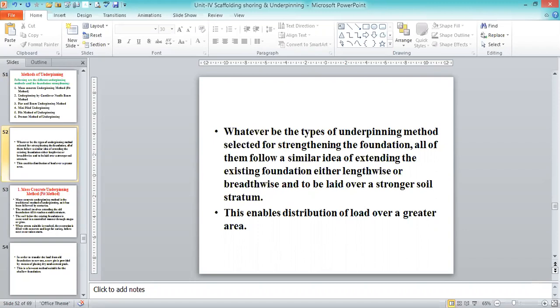Whatever method we apply, we extend the existing foundation either lengthwise or breadthwise, to be laid over a stronger soil stratum. This enables distribution of load over a greater area. So we are enhancing the bearing capacity of the soil in such a way that length and width are increased, such that our underpinning method is going to be effective.